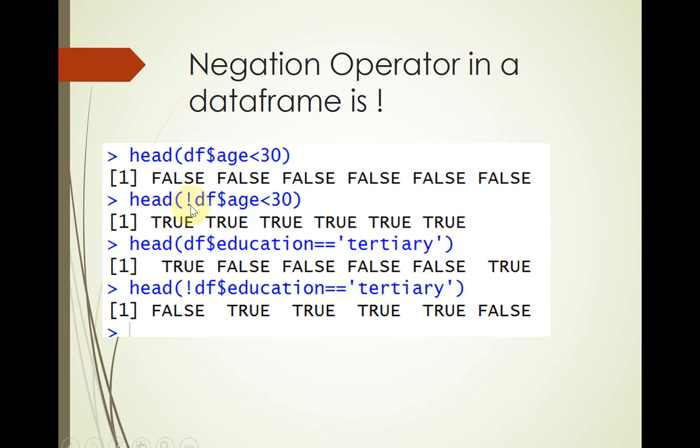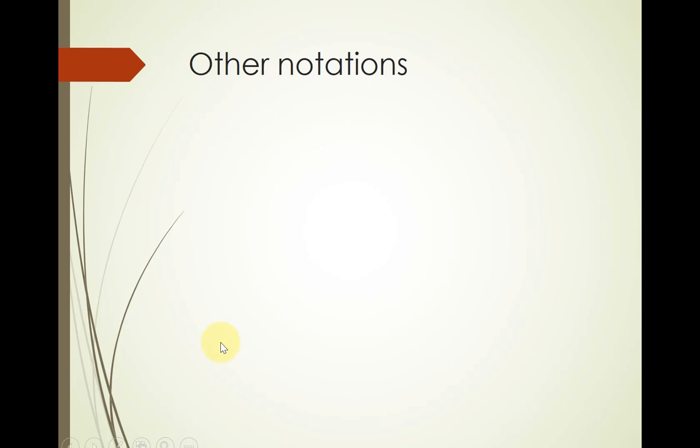So the first 6 results with this will all be true. Here, if we have education equals tertiary, it was true, false, false, false, false, true. So not education equals tertiary is false, true, true, true, true, false. They're just reversed, from true to false and false to true.